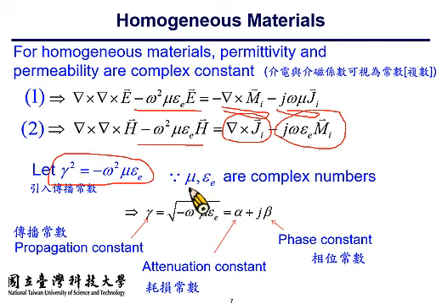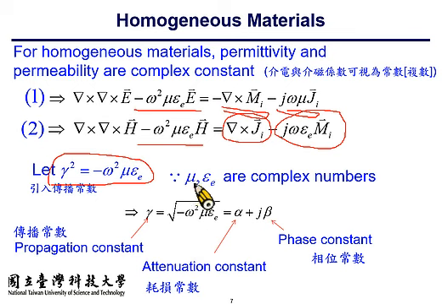In general, mu, the permeability, and epsilon, the permittivity, are complex numbers.